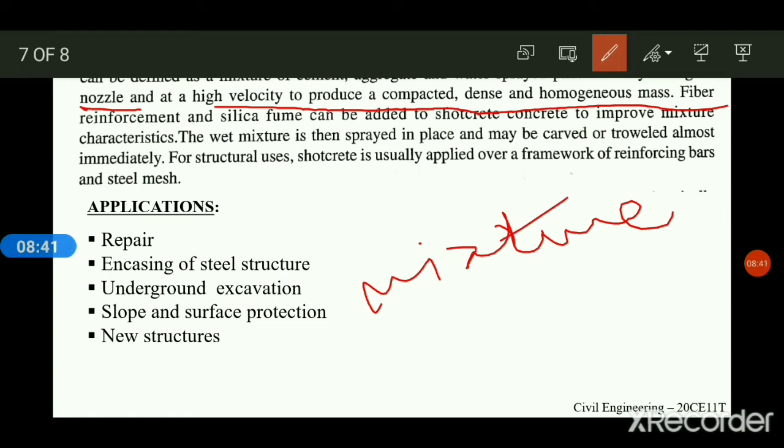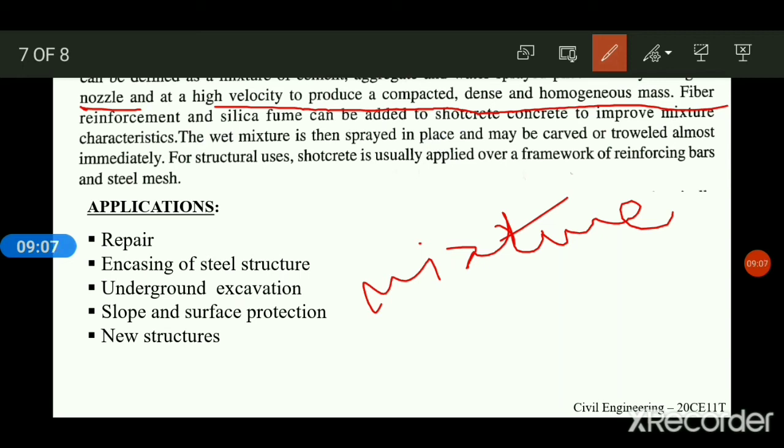The wet mixture is sprayed in place, and then for structural uses, shotcrete is applied over the framework of reinforcing bars and steel mesh. I will explain the applications where shotcrete is used in detail.